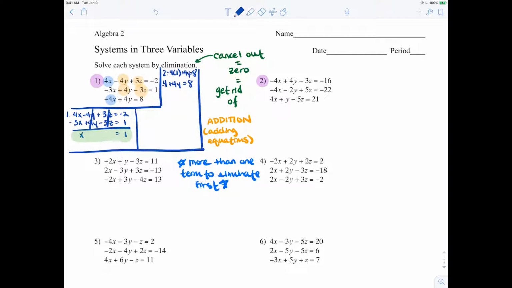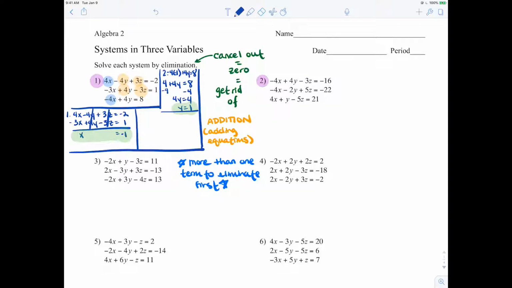And so, x is negative 1, so this would be positive 1. And then I would subtract 4 from both sides. 4y equals 4, and so y equals 1. And that's the next part of my solution. And I'm going to mark that off.